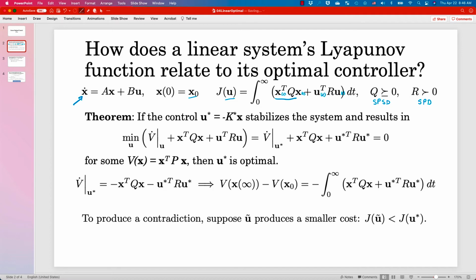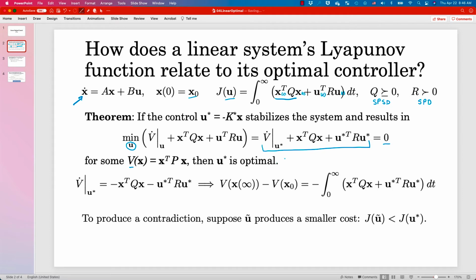And so the theorem that I want to talk about right now says the following: if the control u star, which takes this form, stabilizes the system and results in this quantity being both minimized over all possible controls and that minimum value equal to 0, for some V function that looks like a quadratic form, then the u star that you started with is optimal.